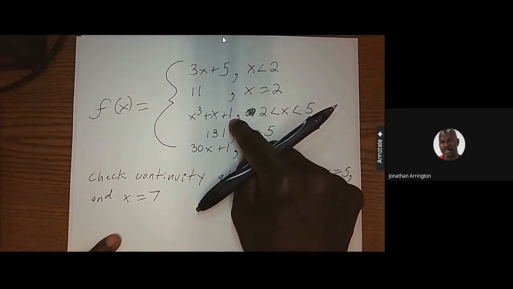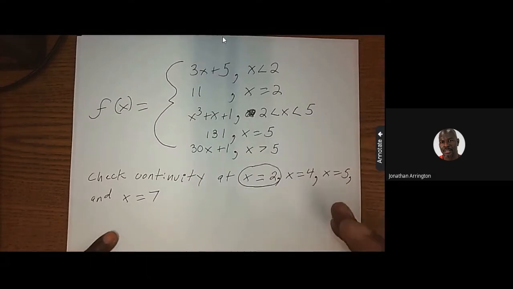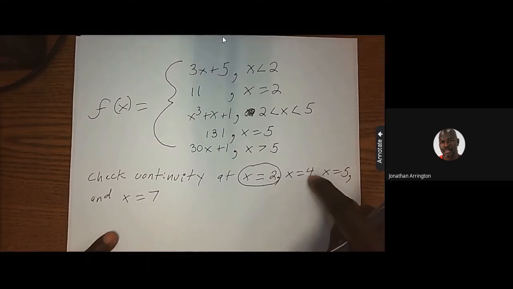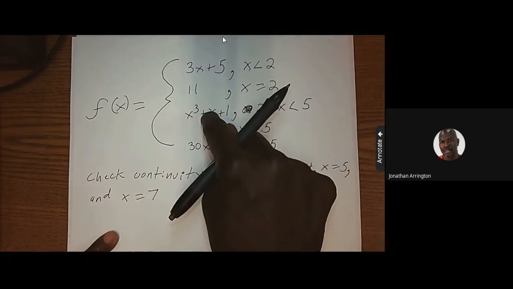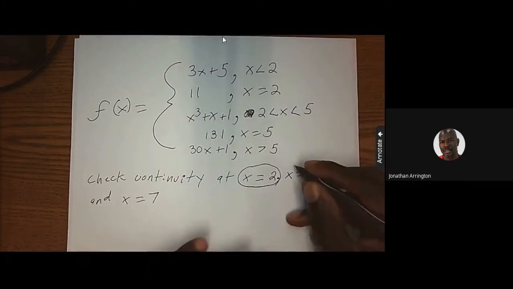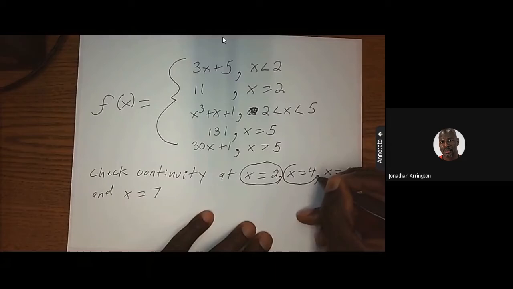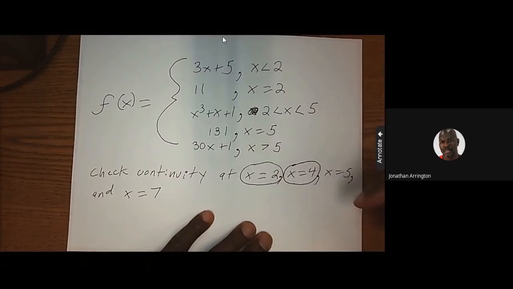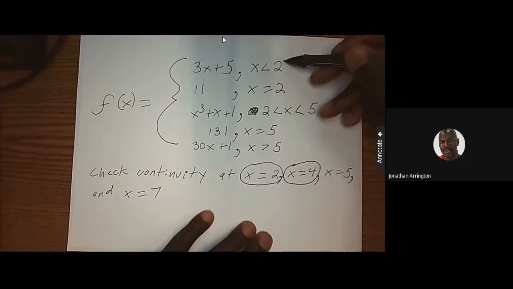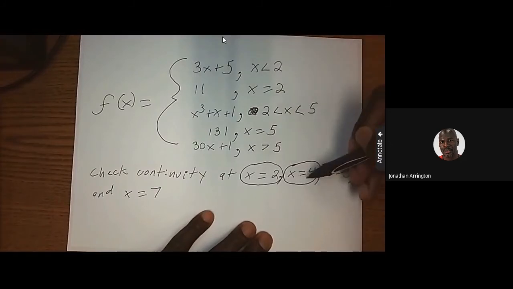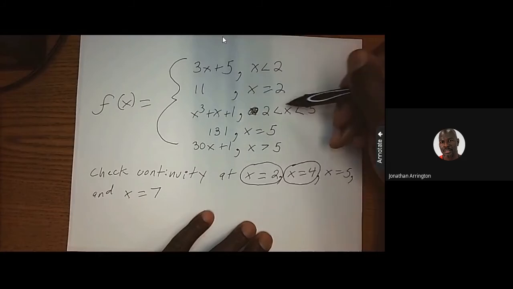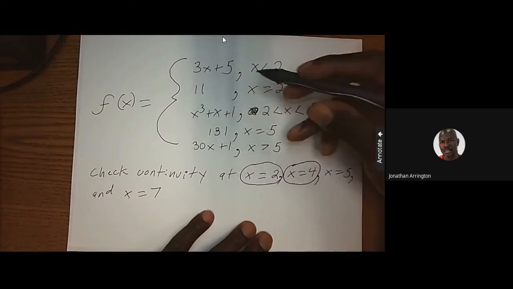Polynomial functions are continuous if we're just looking at one polynomial function. So since 4 is only inside of this one polynomial function, it's definitely continuous. There's nothing to check. Again, I don't have to look at multiple pieces for 4. I mean, just look at the conditions on each piece. 4 only fits into this guy. And so this guy is going to be continuous.